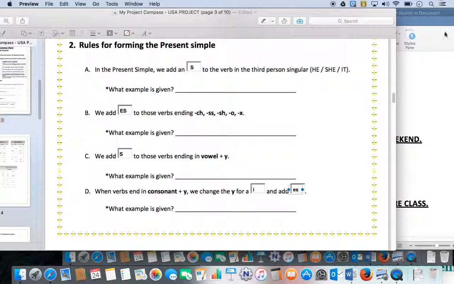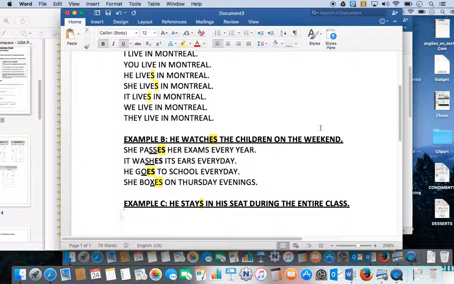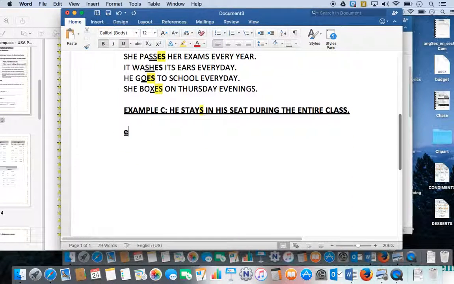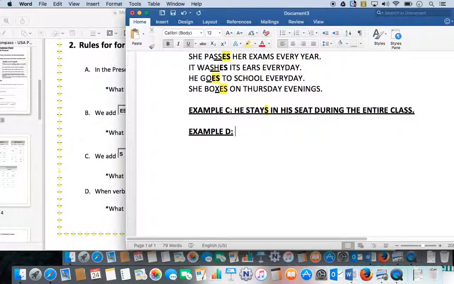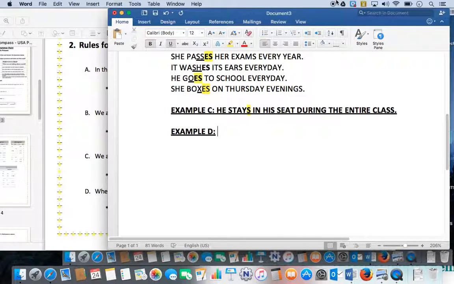Now let's look at an example. This is something that we should be doing quite often. We are at school, so it is important. So example D would be, we'll use the verb to study. Okay, so she studies on a regular basis. Okay, so she studies regularly.